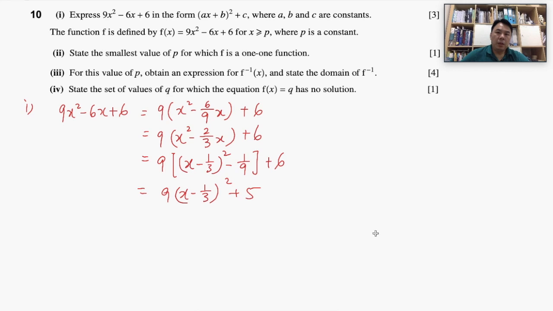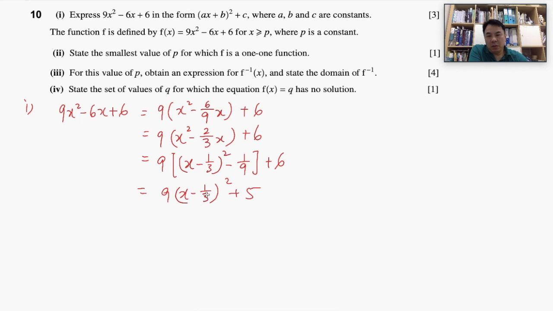Let me roughly expand that to see whether I'm getting everything correct: negative 6, 1 over 9, positive 1 plus a 5, yeah. So that is the correct format. This is the usual completing the square form.